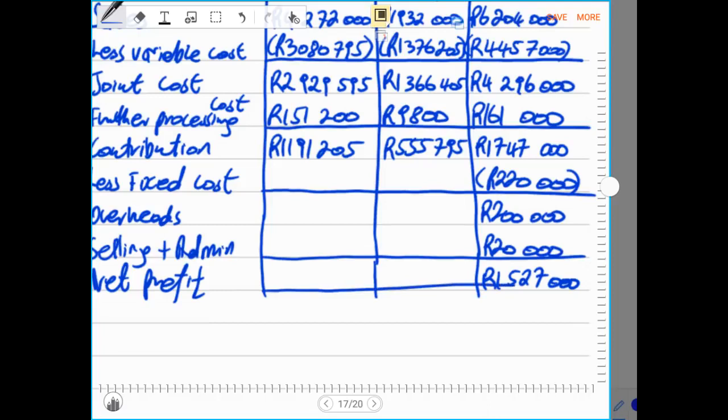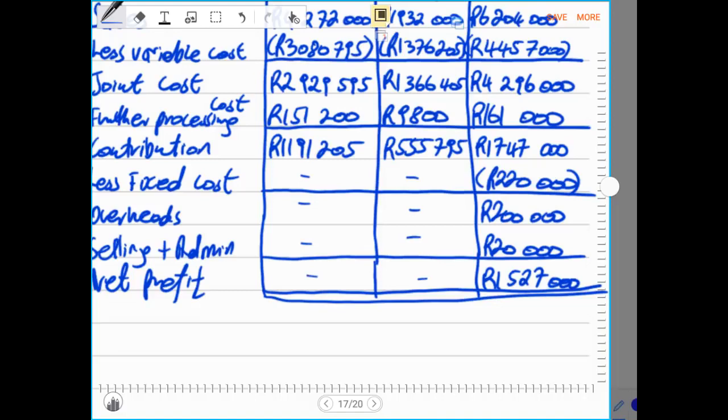Now this is what was required in this income statement. Very important to take note of this net realizable value method. So now we have taken into account all that was required.